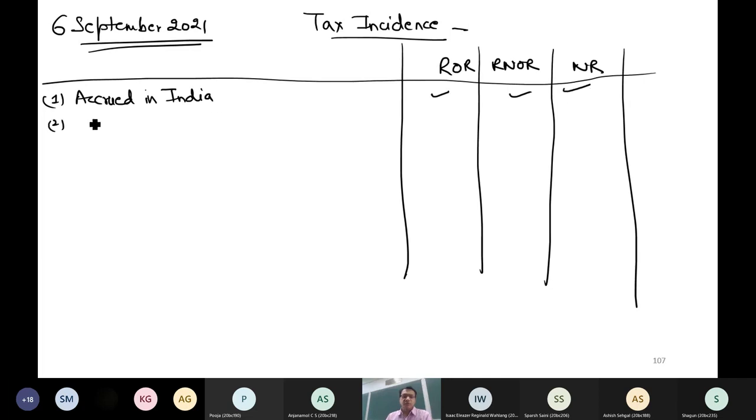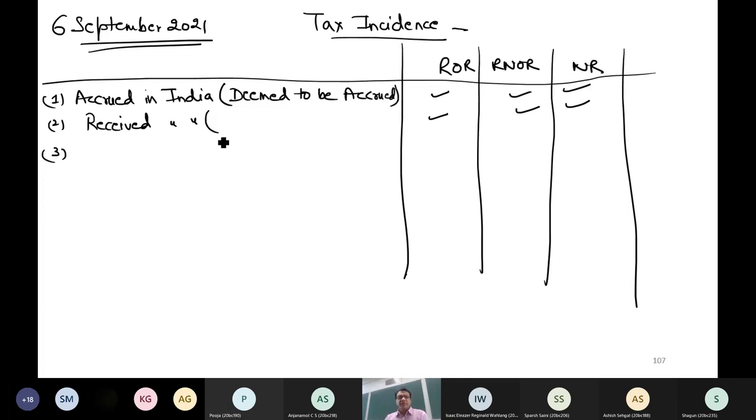Does not matter who you are. Income received in India, actually received in India, does not matter where it is accrued, is taxable for everyone. And now if in this accrued I add one more word, deemed to be accrued in India, though it might not actually accrue in India, still it is taxable for everyone.